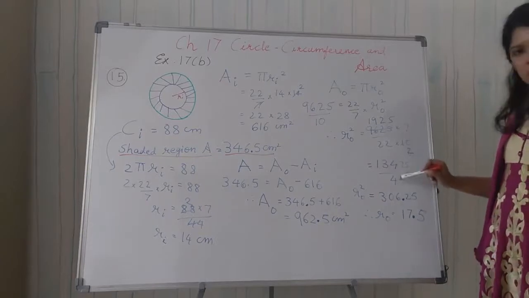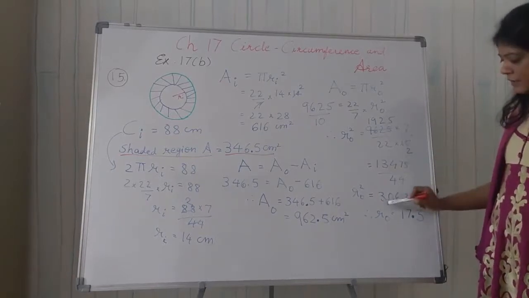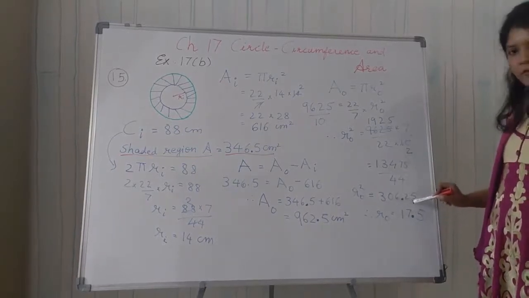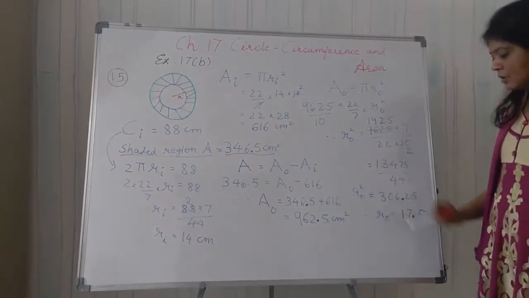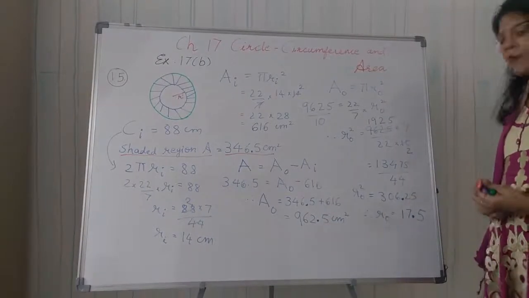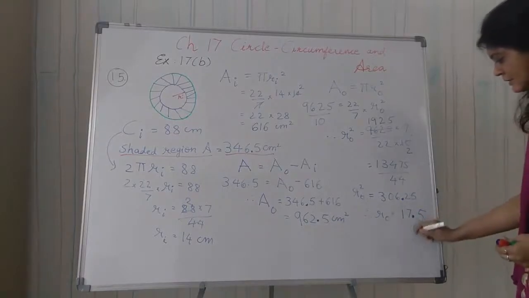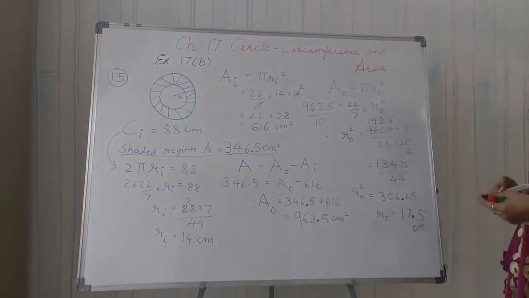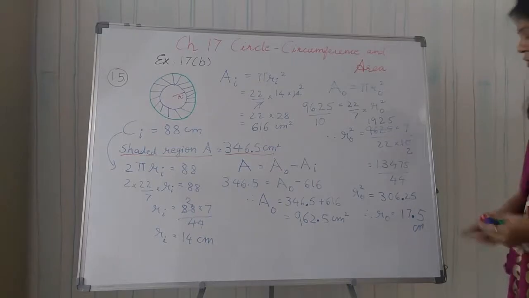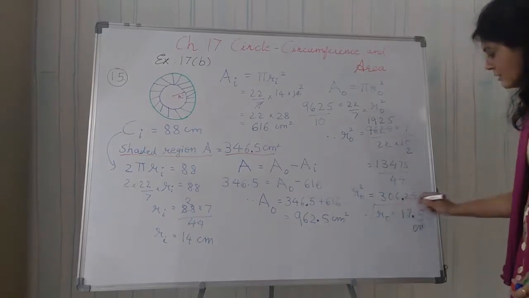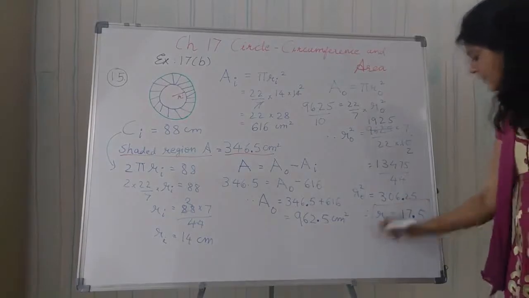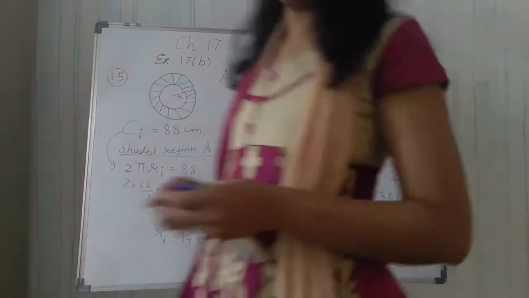So, I take the division of this, I get 306.25 and the outer radius I found finally as 17.5 centimeters. This is in centimeters. So, this is our final answer. What they asked to get, outer radius of the circle, that is 17.5 centimeters.